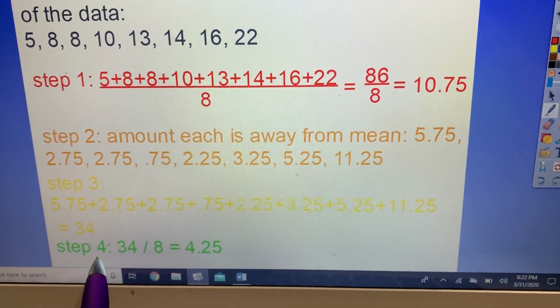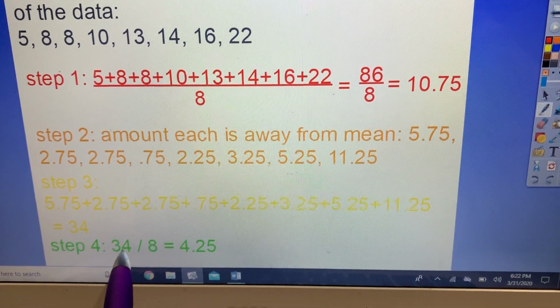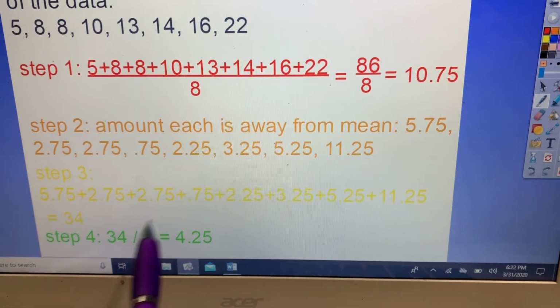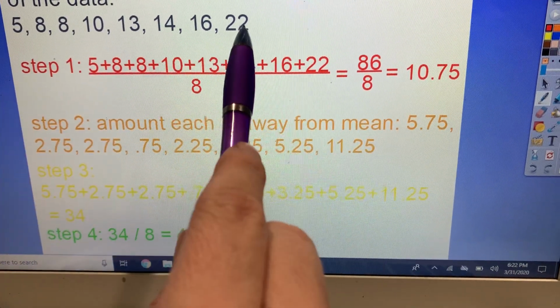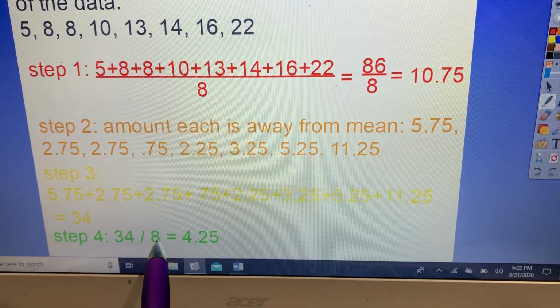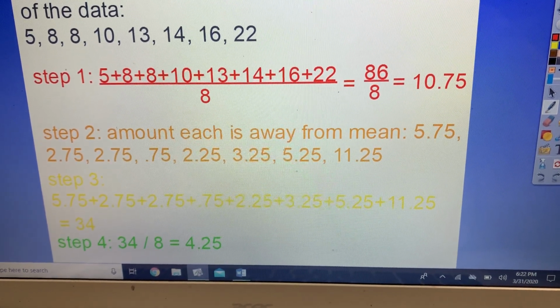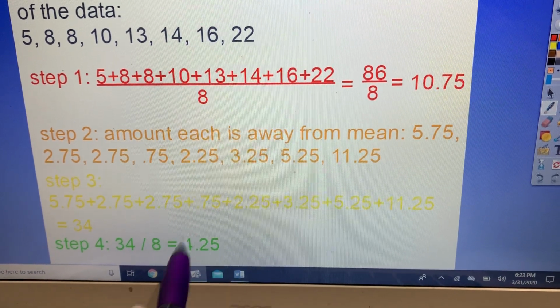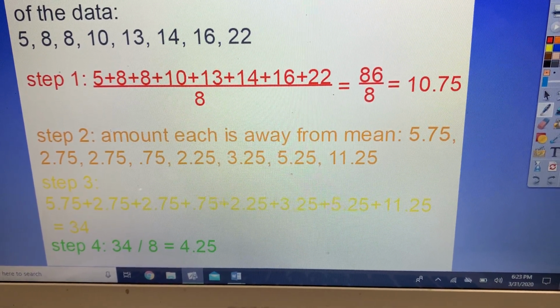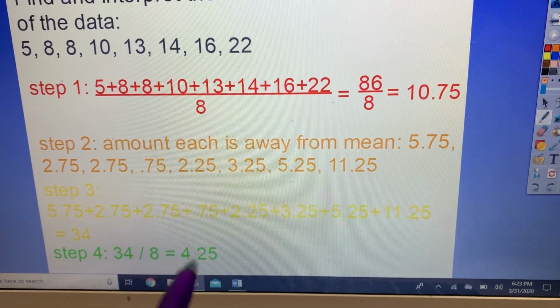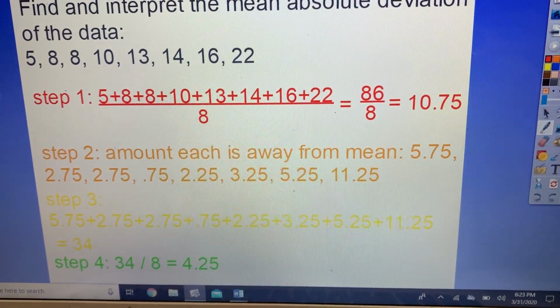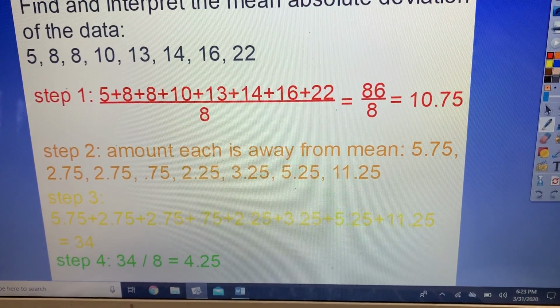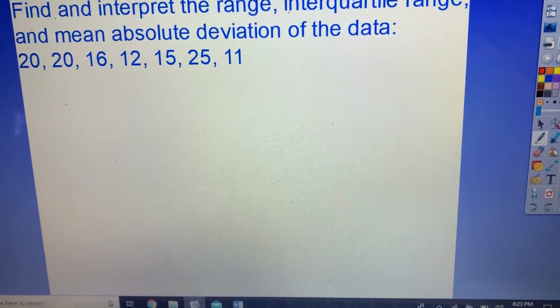Step 4 then is to take my sum, 34, and divide it by how many pieces of data there are. We said there were 8 data values. So 34 divided by 8 gives me 4.25. So my MAD, my mean absolute deviation, is 4.25. On average, my data value is going to be 4.25 away from my mean. That's my MAD.